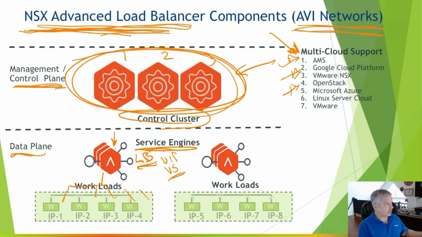So you don't have to be just a VMware environment to run this. You don't even have to have any VMware stuff. You could be purely an AWS environment, then do this if you wanted to, right? Or you could actually have a mixture of these things. I could have a VMware environment and Azure and an IBM or whatever, right? So this is kind of cool when we talk about this, right?